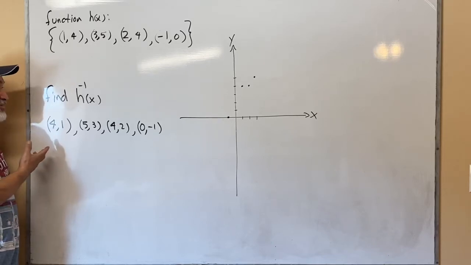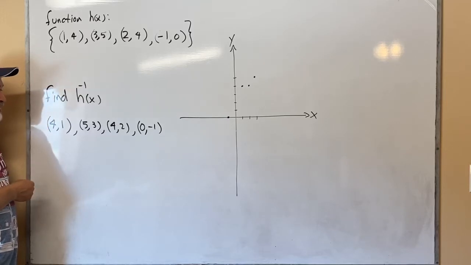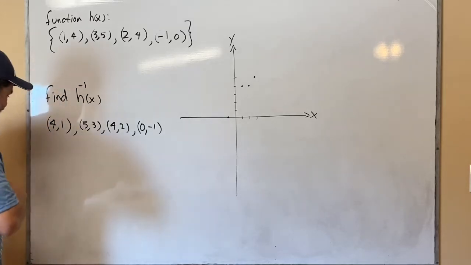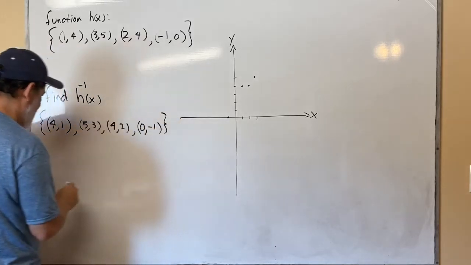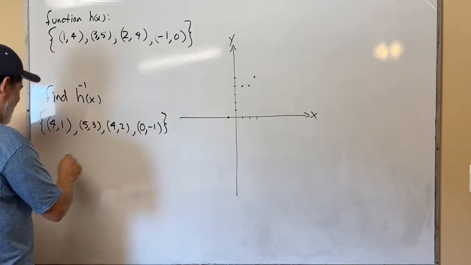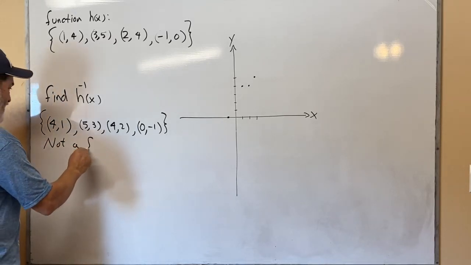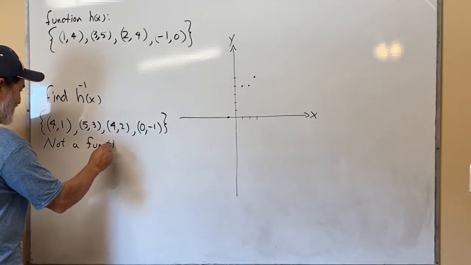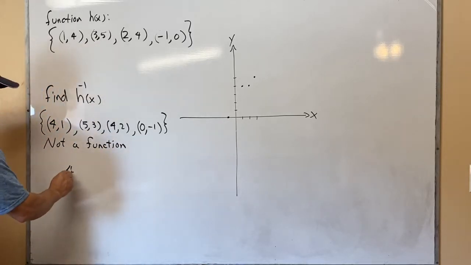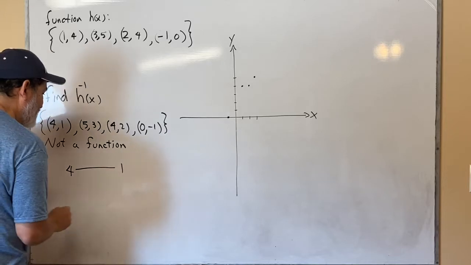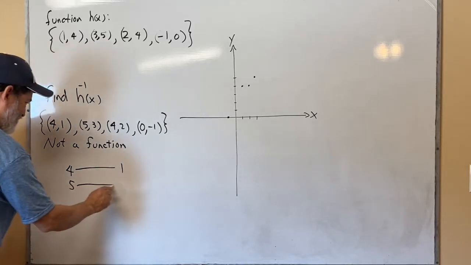So this is not a function. And you can see it, look. 4 is paired with 1. 5 is paired with 3.